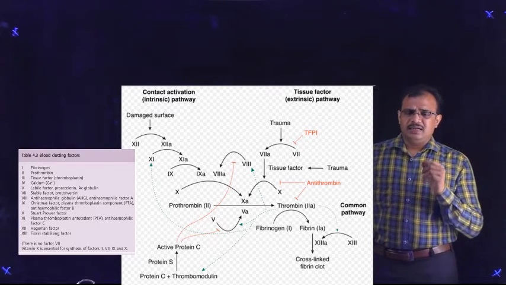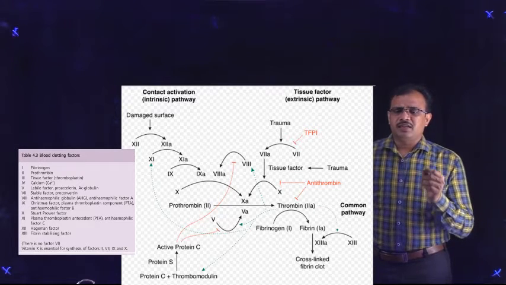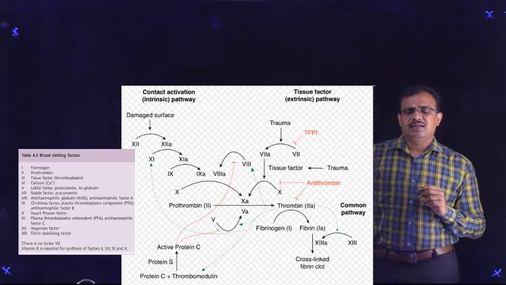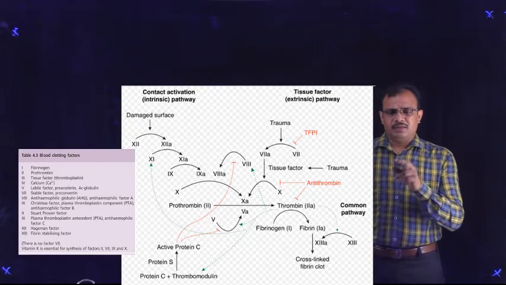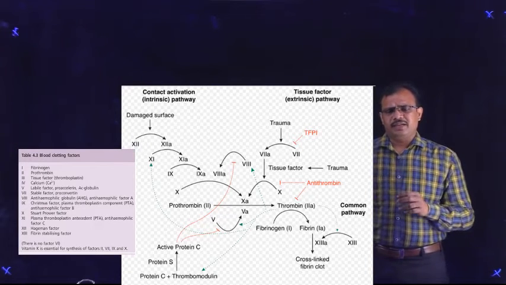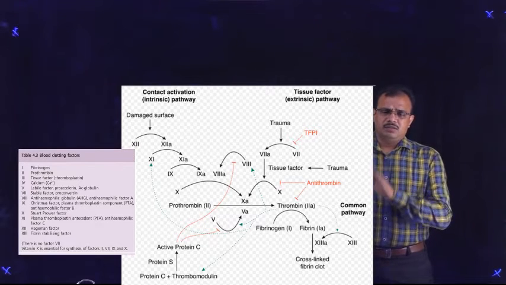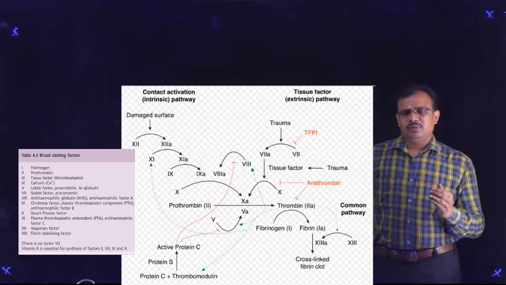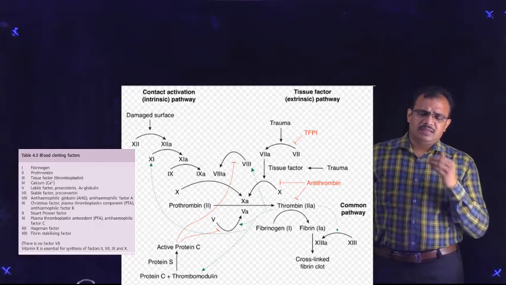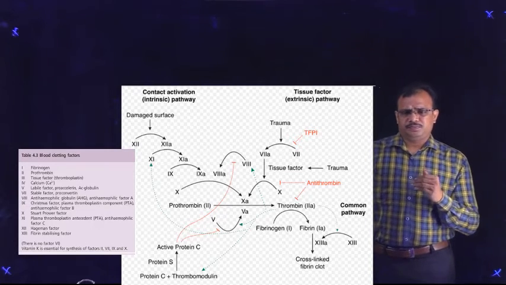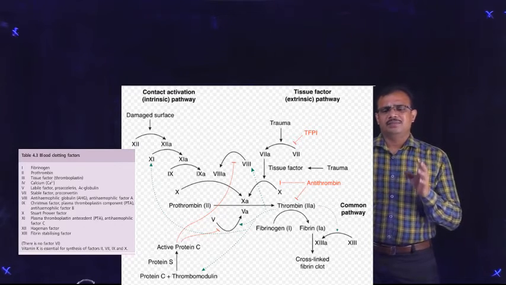This activated factor 7 will convert Stewart factor into activated Stewart factor, or factor 10A, which acts as prothrombin activator, and this prothrombin activator will convert prothrombin to thrombin, and thrombin converts fibrinogen to fibrin. This fibrin is soluble, and this soluble fibrin is converted into insoluble fibrin by factor 13, that is fibrin stabilizing factor.